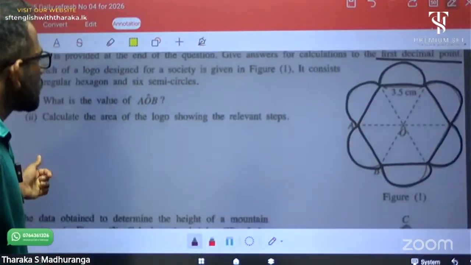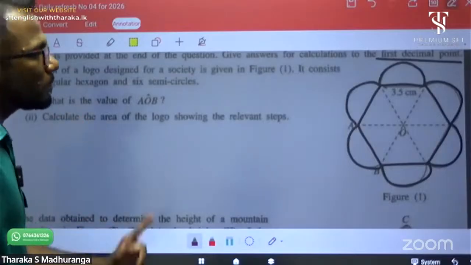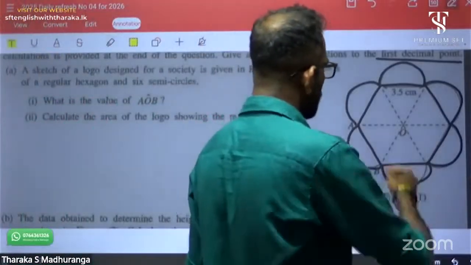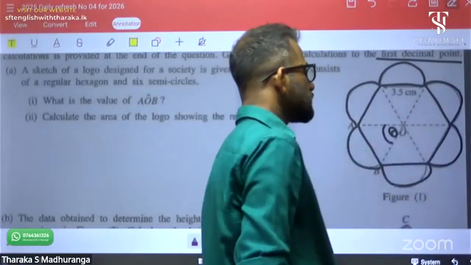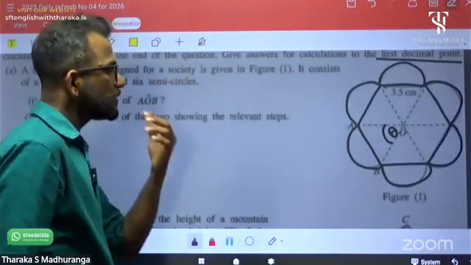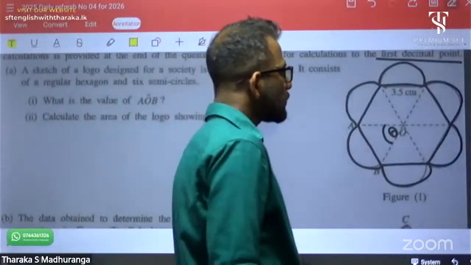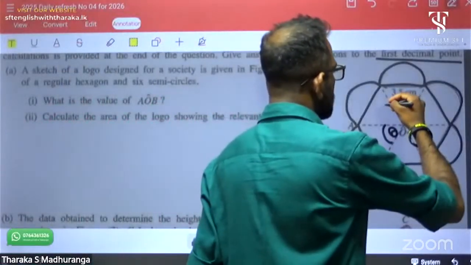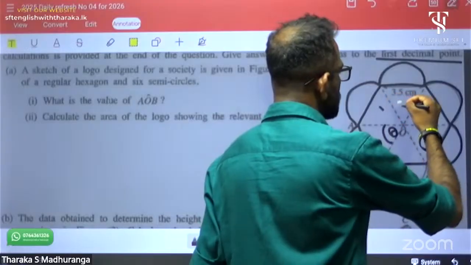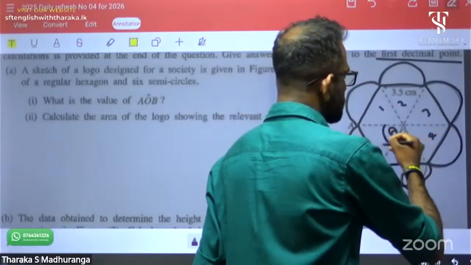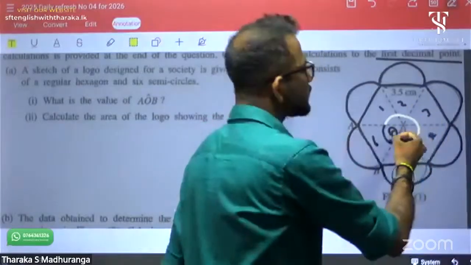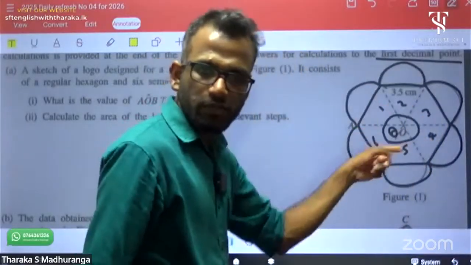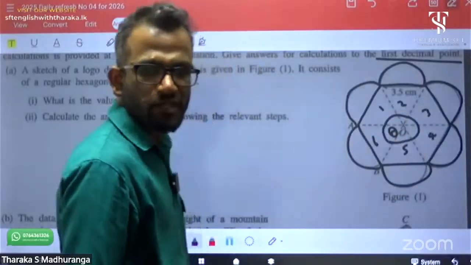What is the value of angle AOB? This angle is asking theta. It is very simple. If it is a hexagon, how many equal parts? 1, 2, 3, 4, 5, 6. The full angle is 360.